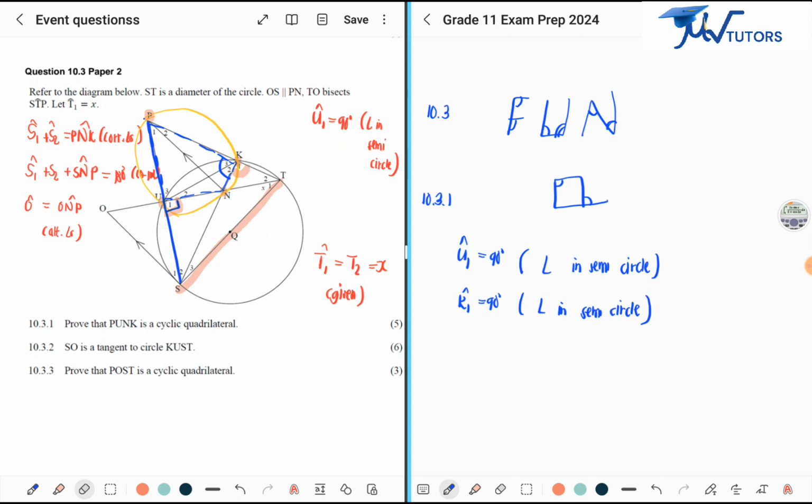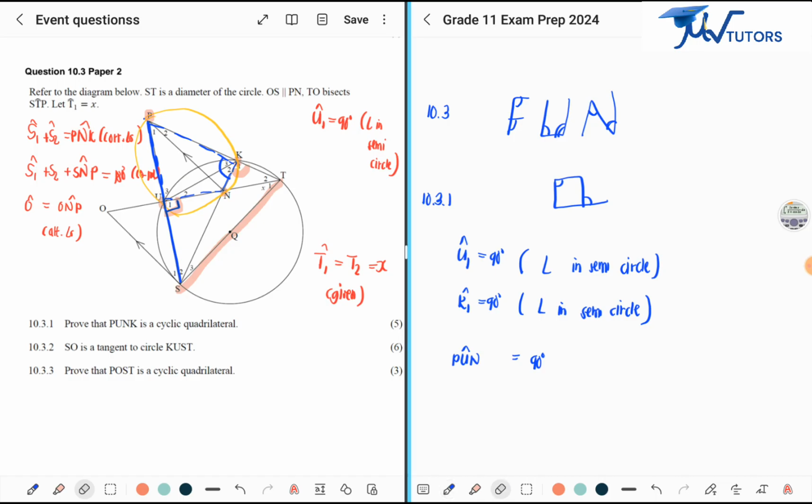So there we go. And then I know that U2 plus U3, that's equal to 90 degrees. Or I could, instead of saying U2 plus U3, I can say PUN. Okay, PUN is equal to 90 degrees. And that's basically angles in a straight line.